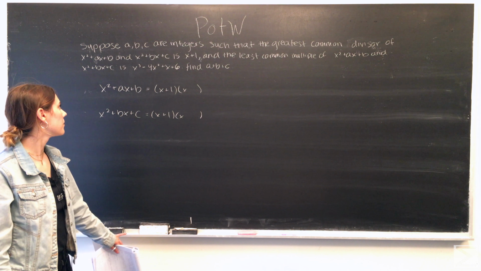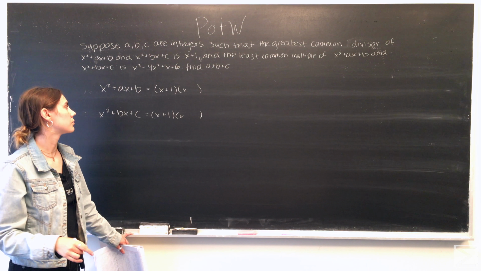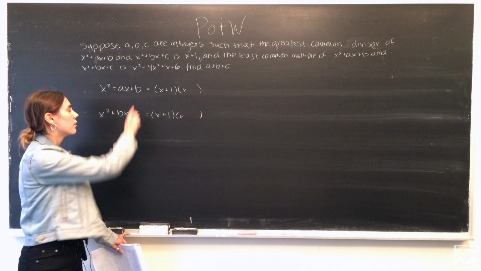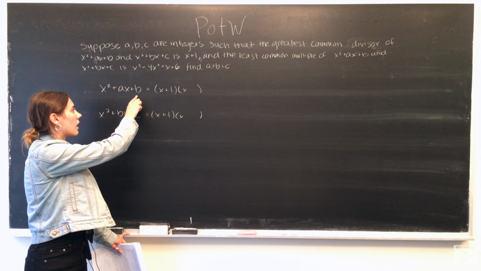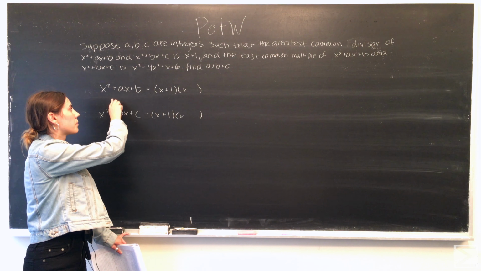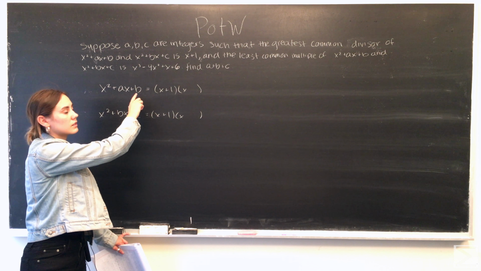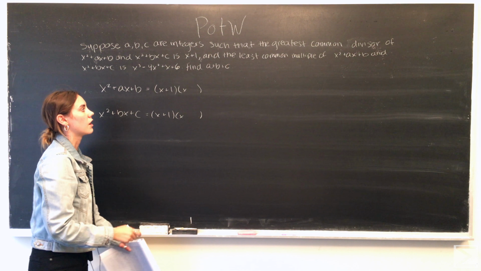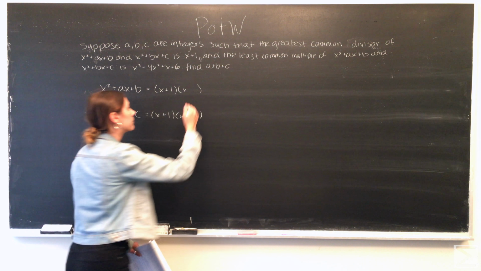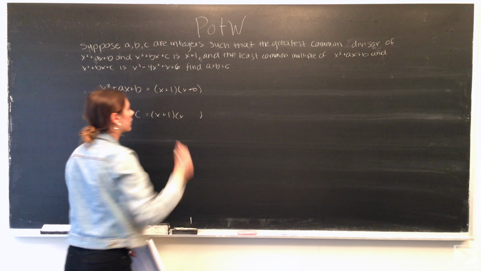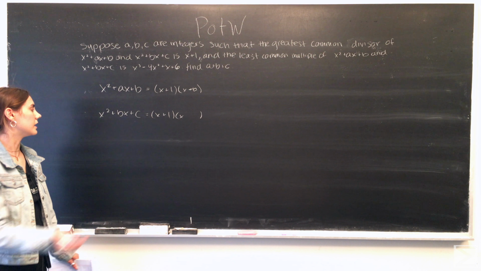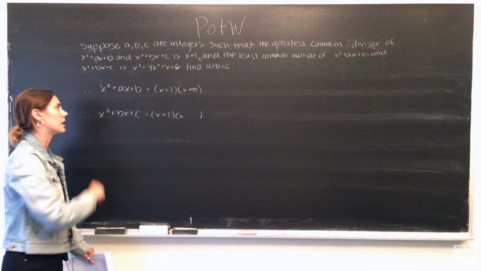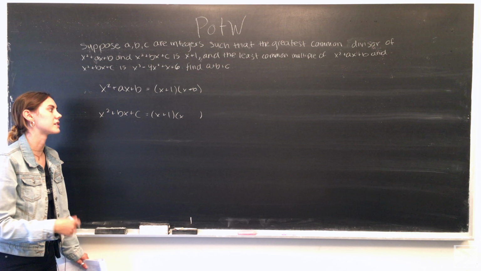To find the second factor, we look at b, the whole number coefficient in this polynomial, and since the original factor is x plus 1, it has to be x plus b. Similarly, for the second polynomial, c is the whole number coefficient, therefore it has to be x plus c.